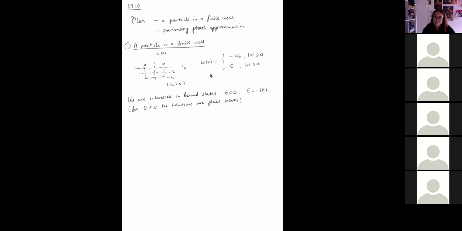For a bound state of energy E, we can also note the energy measured with respect to the bottom of the potential.